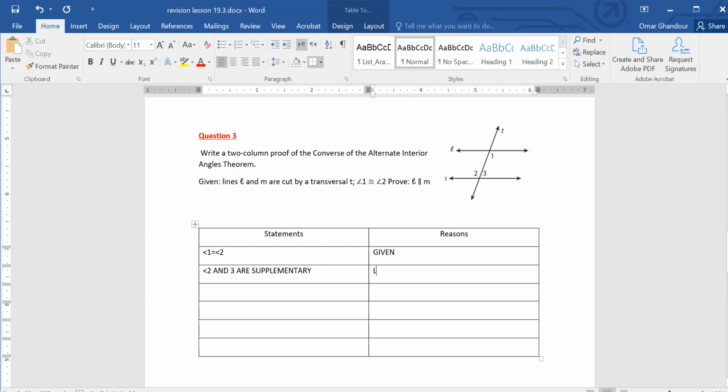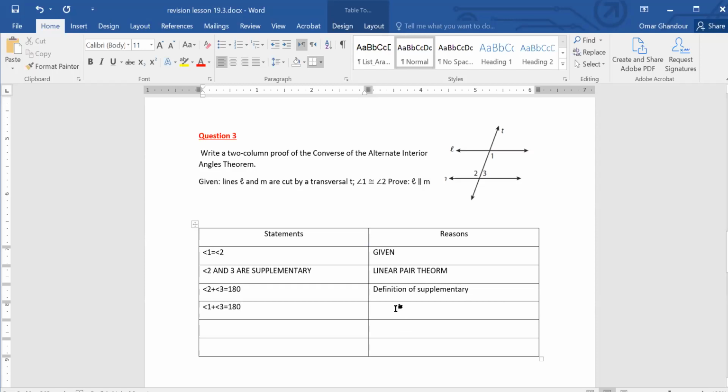Why? Because of the linear pair theorem. So angle 2 plus angle 3 equal to 180, because this is the definition of supplementary. And then using the substitution method, I will remove 2 from here and put 1 instead. So angle 1 plus angle 3 equal to 180.